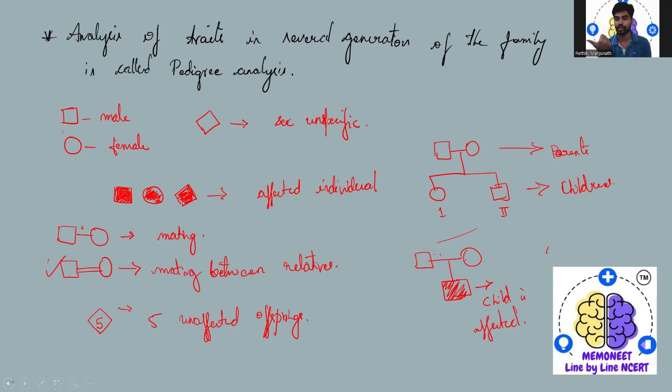The gene is located on the DNA, and DNA is present on the chromosome. As I told before, the DNA carries the genetic information. So if there is any change, mutation or abnormality in the DNA, it is also going to affect the chromosome.